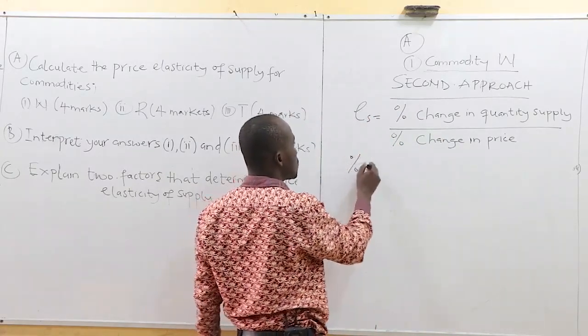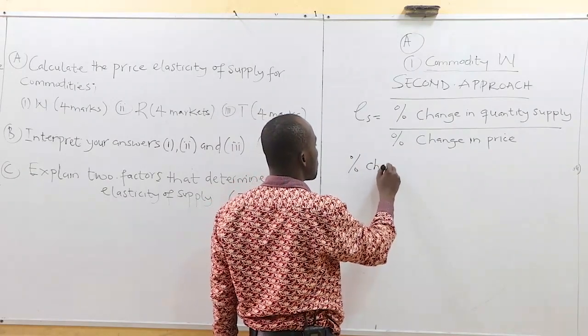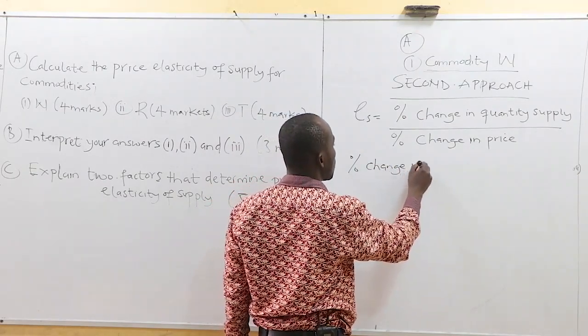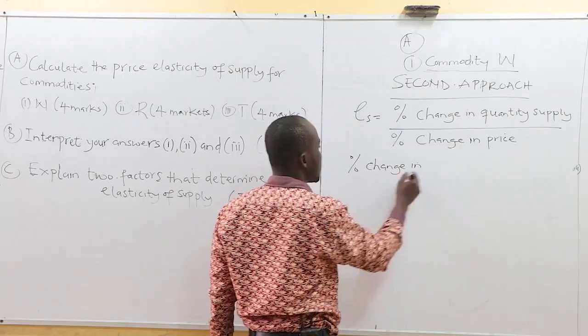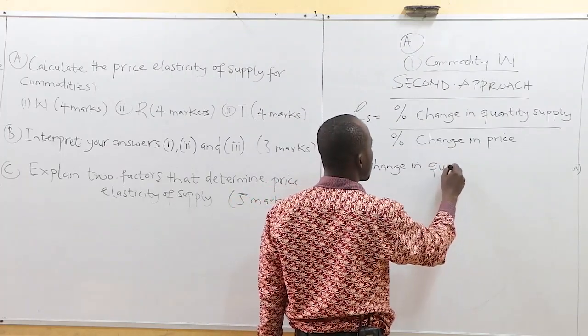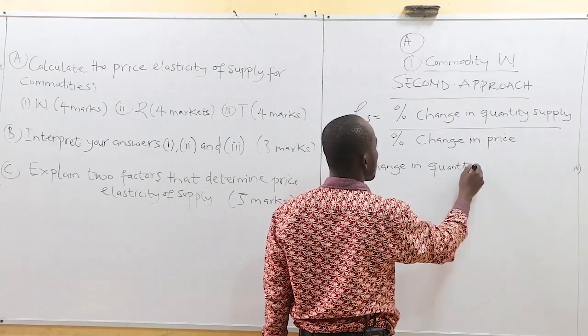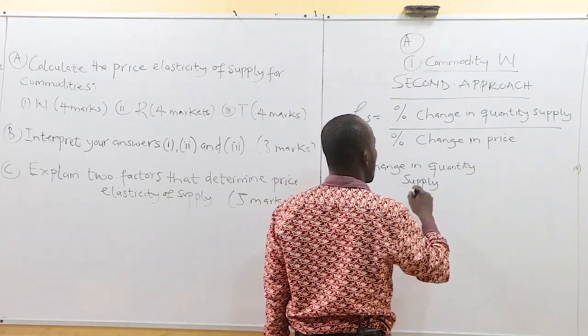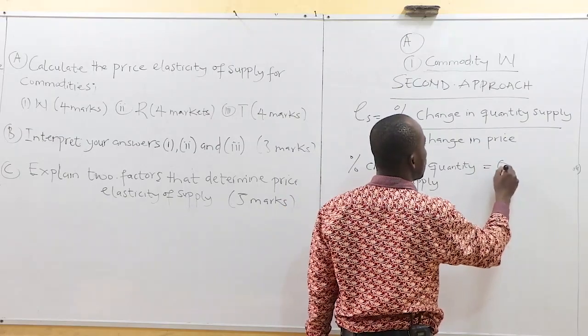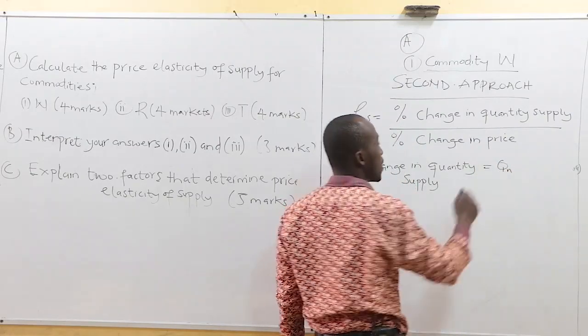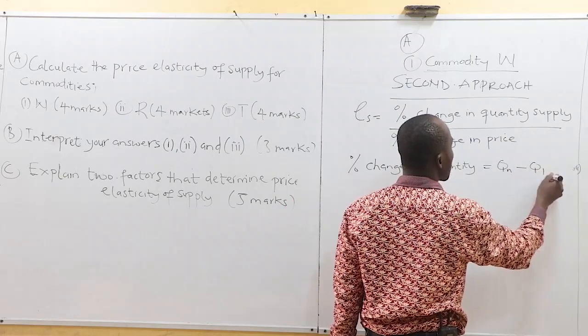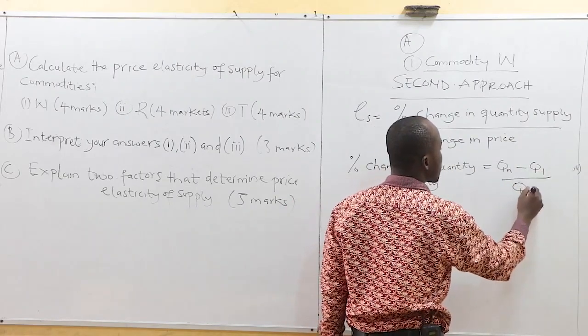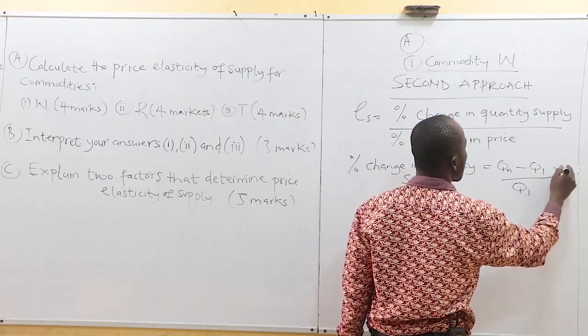Percentage change in quantity supply is equal to the new supply minus the old supply divided by the initial supply times 100.